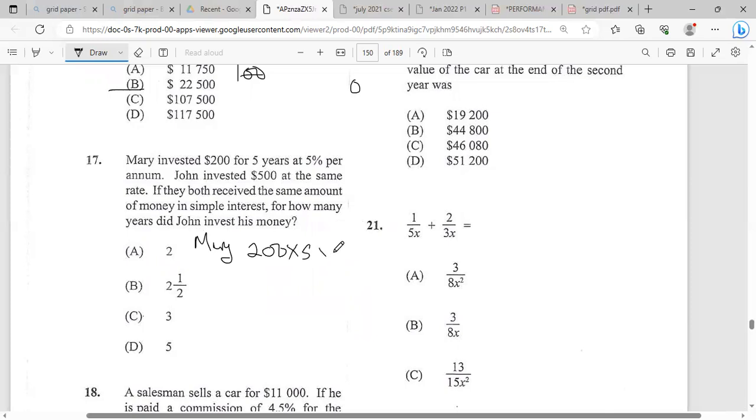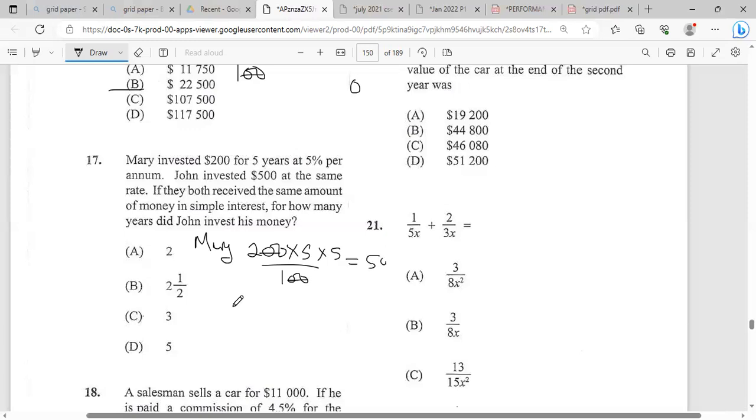The time is 5 years and the rate is 5%, so that's $50 Mary gets.